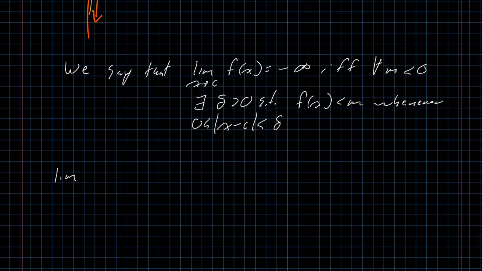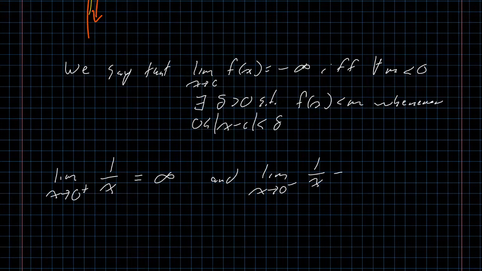So the limit as x approaches 0 from the right of 1 over x is equal to infinity. And the limit as x approaches 0 from the left of 1 over x is equal to negative infinity.